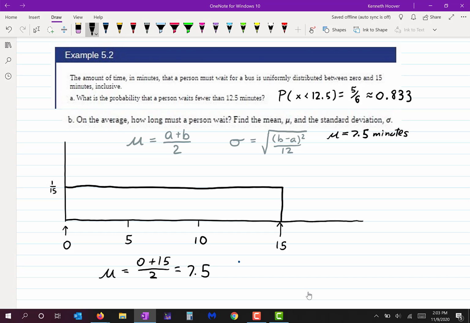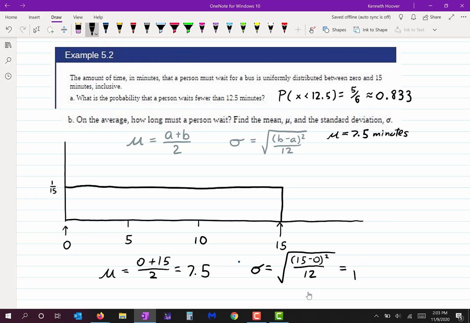All right, let's find the standard deviation. Again, here's the formula right there. Okay, so the standard deviation will be the square root of 15 minus 0 squared over 12.